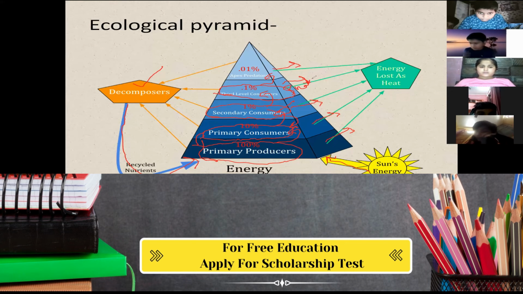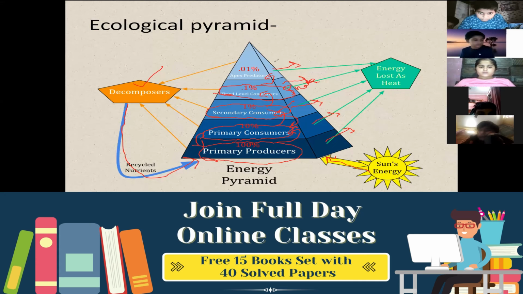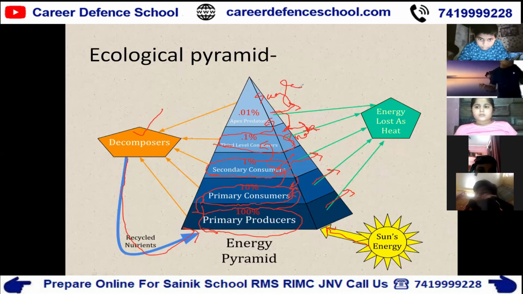Snake is a third level consumer. Then snake is eaten by the eagle. Eagle is a apex predator. So this is the ecological pyramid. Okay, how the organisms getting the energy, sunlight's energy, or how nutrients are recycled, how heat is lost.